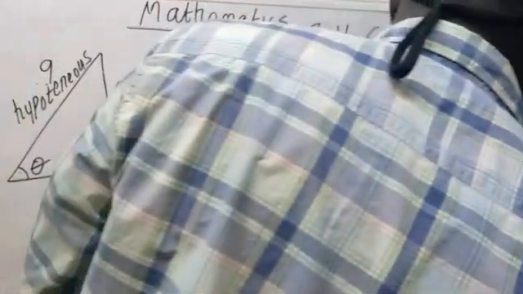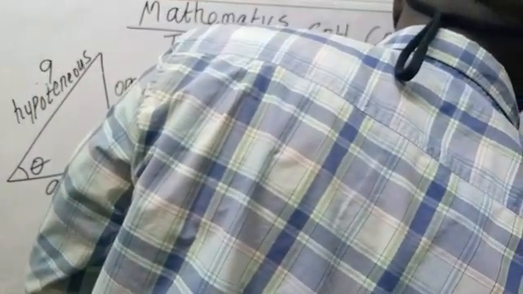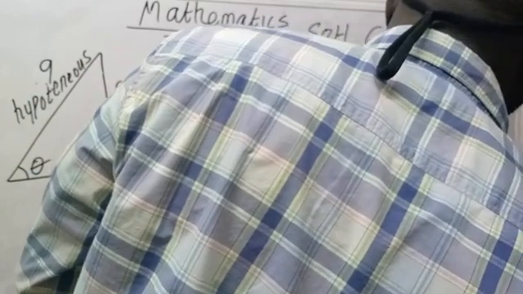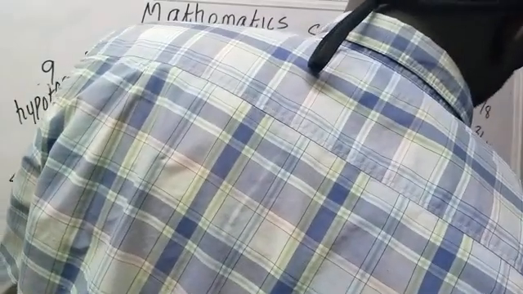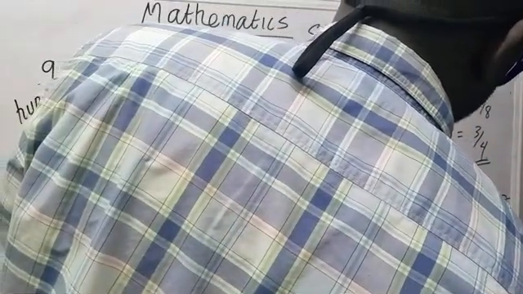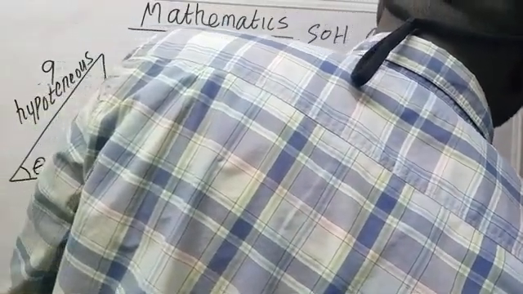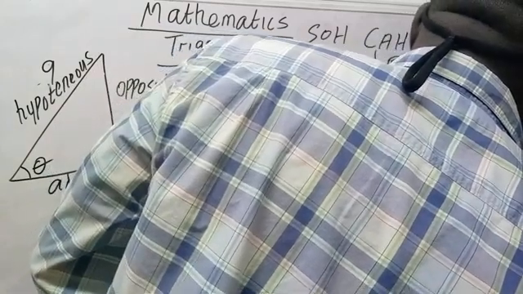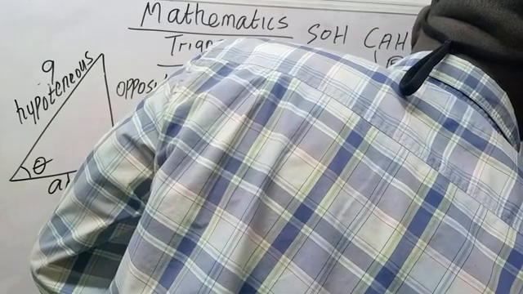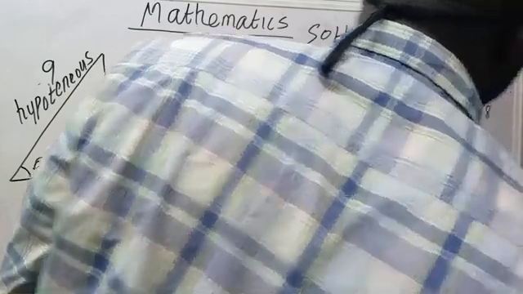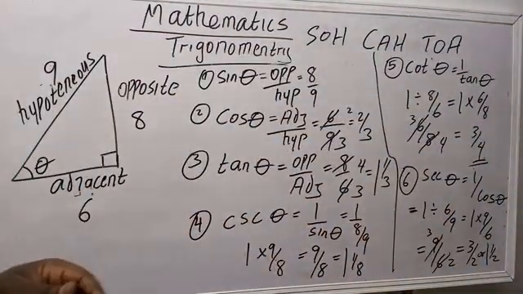That is 1 times 9 over 6 equals 9 over 6. 3 here, 3, 3 here, 2. Your answer now will be what? 3 over 2, or 1 and 1 over 2.